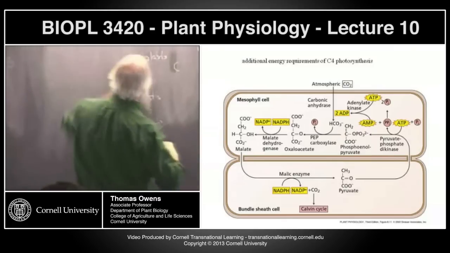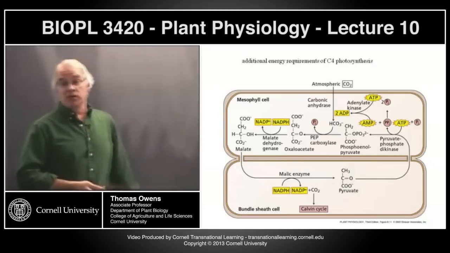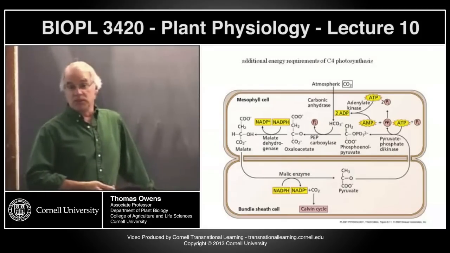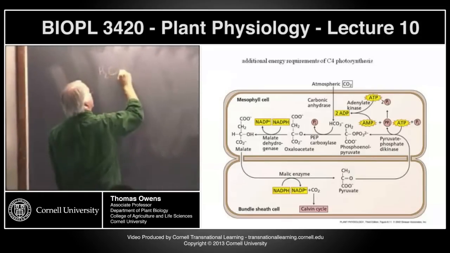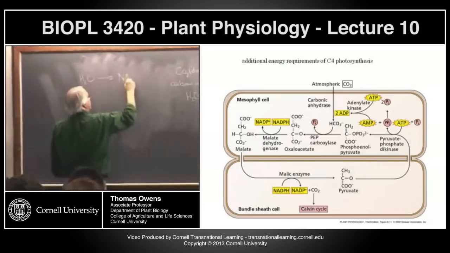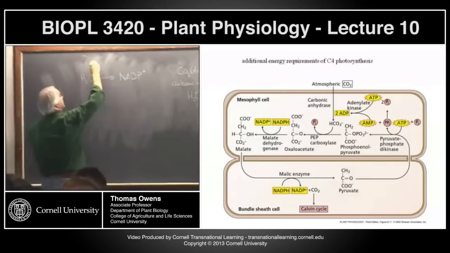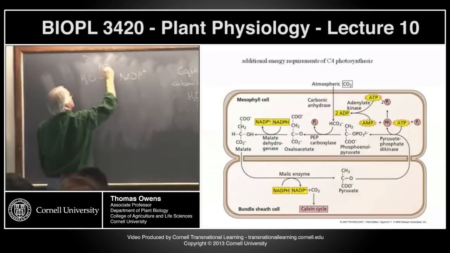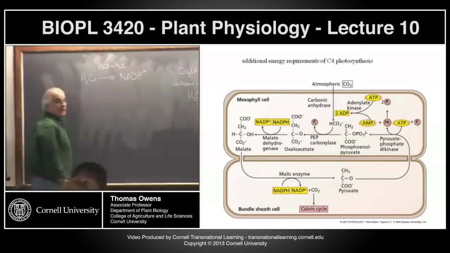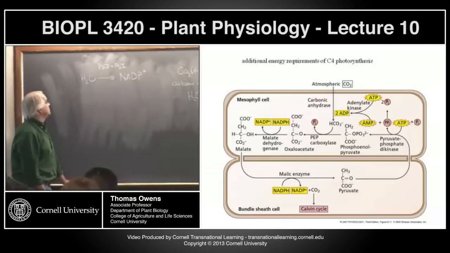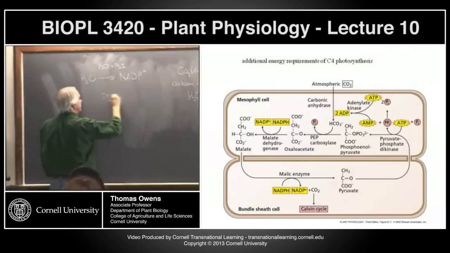So the one thing that we didn't talk about, but this becomes relevant now, is that there's another type of electron transport. The one that we talked about in the previous lecture was linear electron transport, where electrons go from water to NADP. That uses both photosystem 2 plus photosystem 1 and makes ATP and NADPH. But there's another one that uses just photosystem 1.